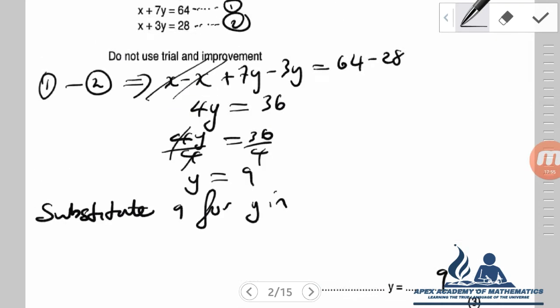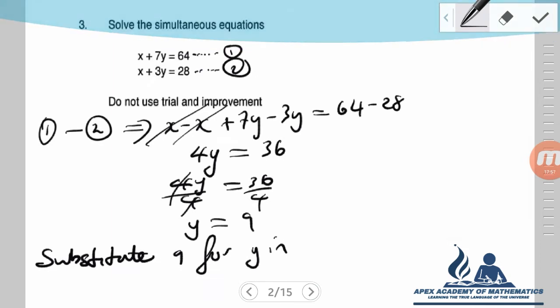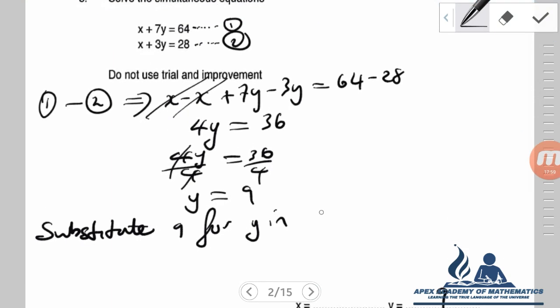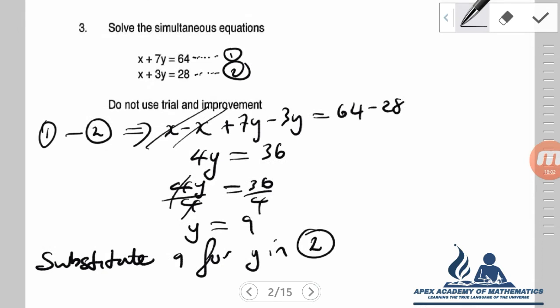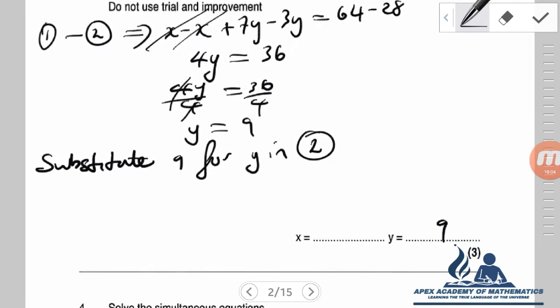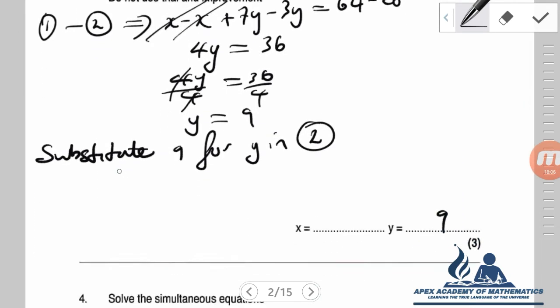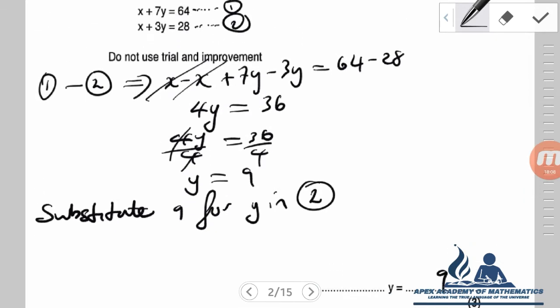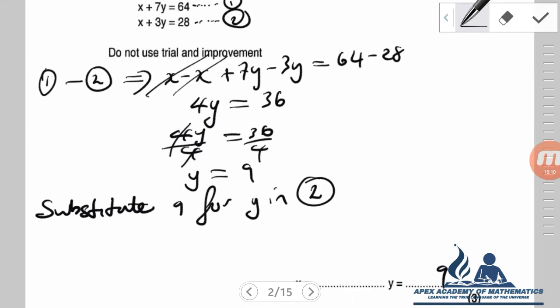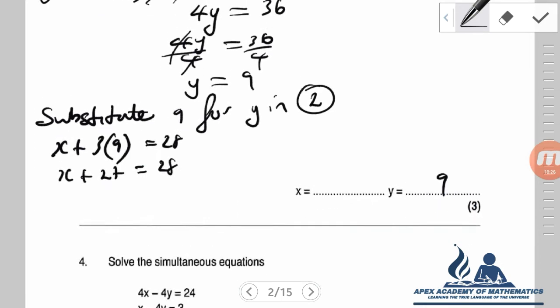Since y is 9, I'm going to have x plus 3 times 9 is equal to 28. So x plus 27 is equal to 28. Subtracting 27 from both sides, x is equal to 28 minus 27, so x is equal to 1. So that was not a bad working out.